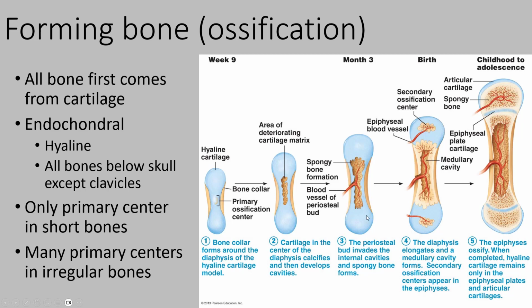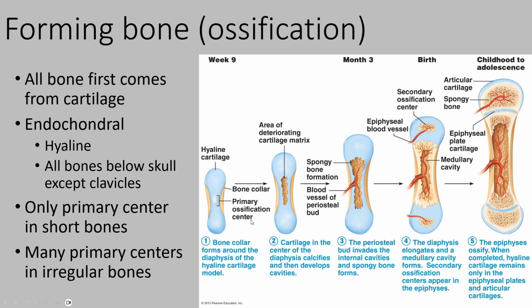Once we get enough of that forming, more blood vessels grow. We start to have the same thing happening at each end of the bone at the epiphysis. And eventually, all of that cartilage is converted to bone except for at the epiphyseal plate, the growth plate, and that articular cartilage. In those two places, we still have hyaline cartilage.